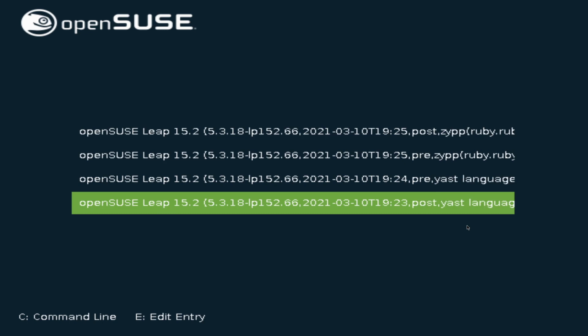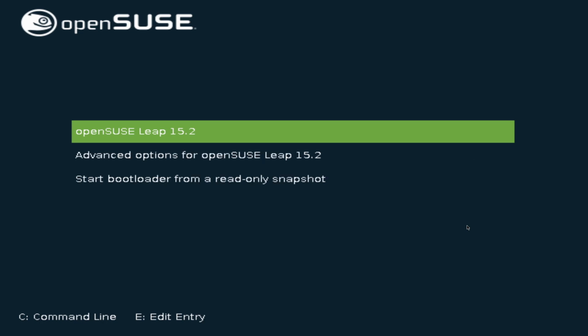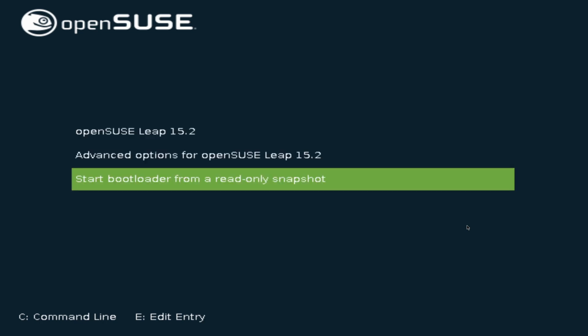But it's important that you know that the system is a read-only snapshot, so you can't change anything on the snapshot. We can change the snapshots to a read and writeable snapshot, but in this video I won't show this. Okay.